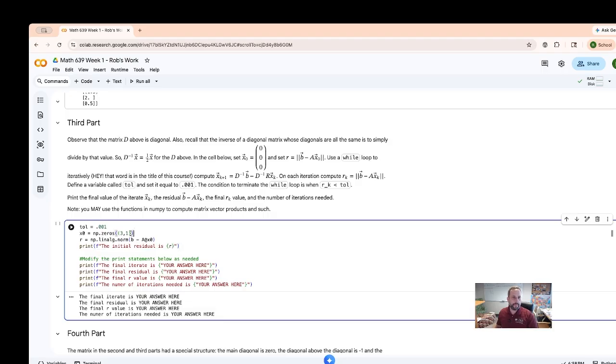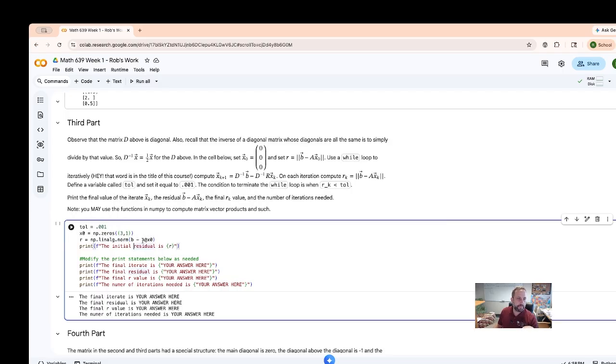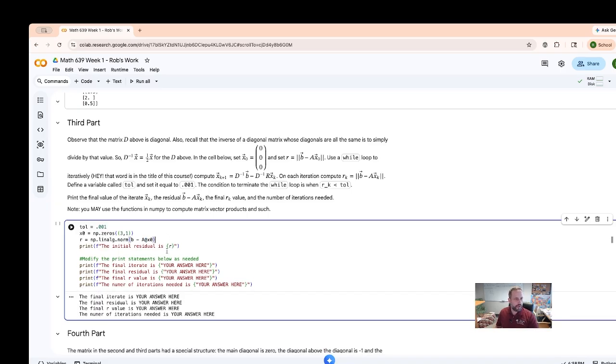So I'm already saying that this is going to be a 3 by 1 matrix. np.zeros gives you a matrix or a vector of all zeros of this given shape. And then it gives me the first residual here, which is np.linalg.norm of b minus A times x naught. Remember this is the matrix multiplication.